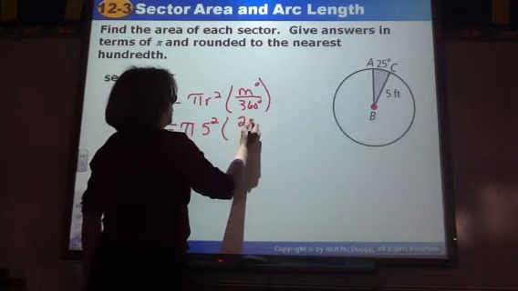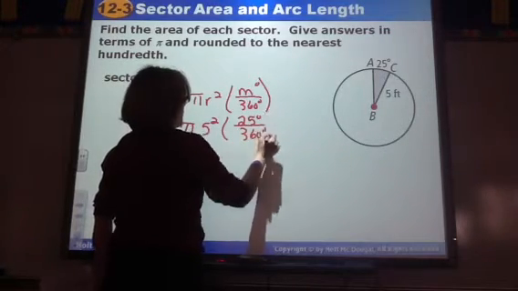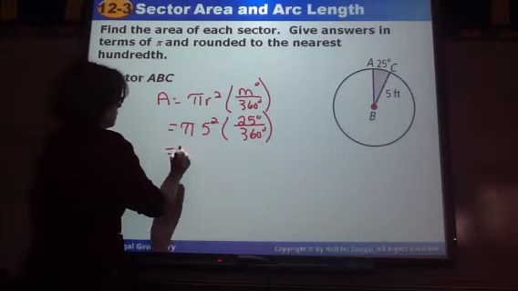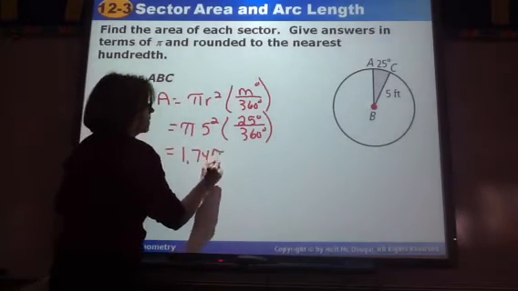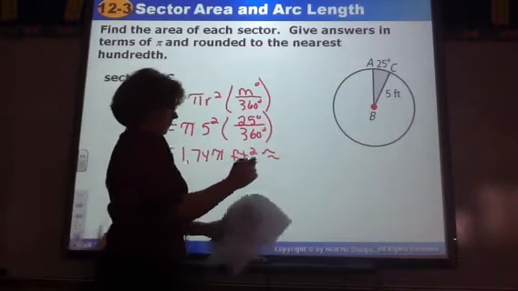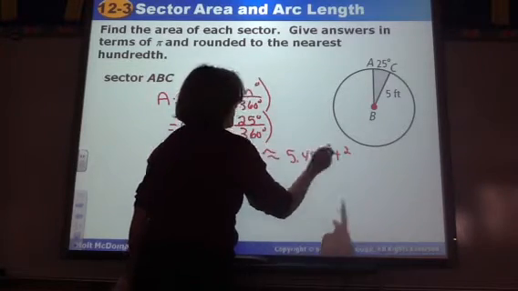My arc is 25 degrees. And divide that by 360. So it's going to be 1.74 pi square feet, which is 5.45 square feet.